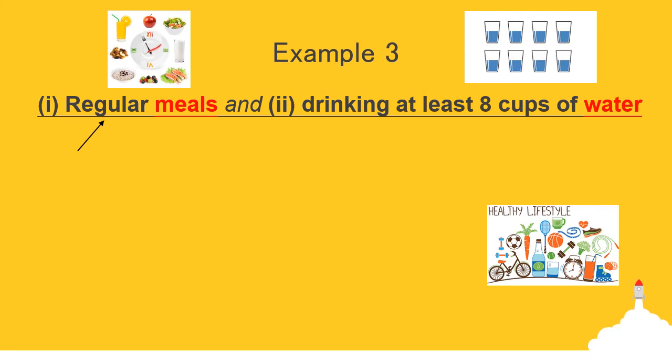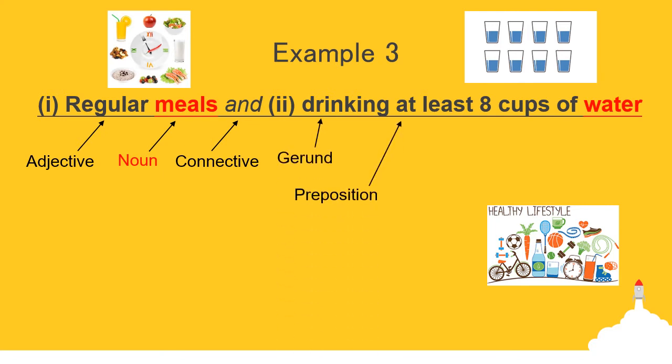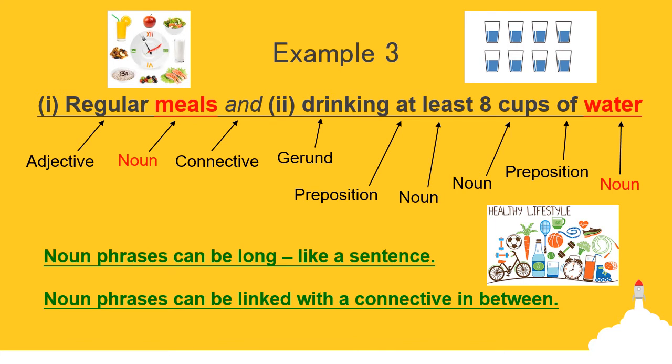The first word is regular, that is an adjective. The second word is muse, that is a noun, and then a connective, and then drinking, that is a gerund, at, that is a preposition, least, here it is a noun, cups, noun, of, preposition, water, of course, it is a noun.